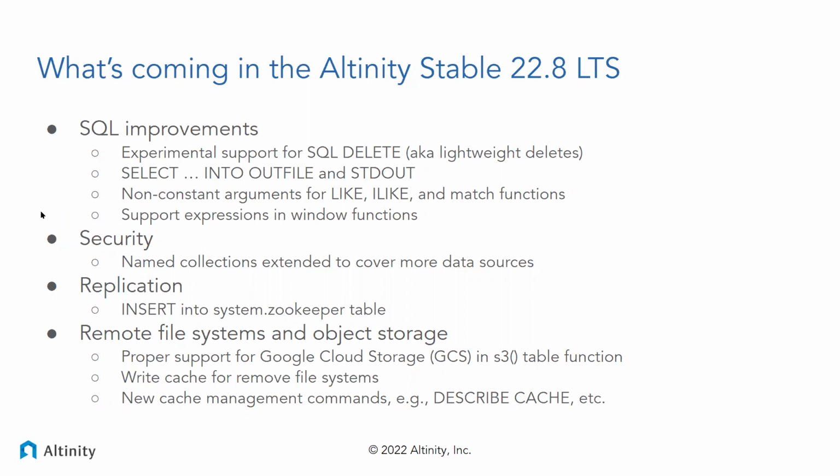In replication, there's the ability to insert into the system.zookeeper table. It's no longer just read-only. And then there's a bunch of improvements around cloud storage in particular. So better support for Google Cloud Storage. This has been a sore point for a while, but most of the bugs are shaken out there, and you can now safely use it through S3.